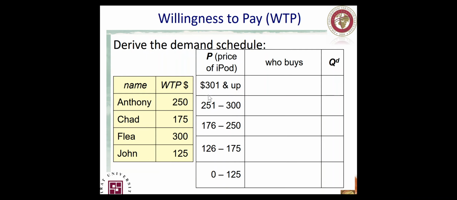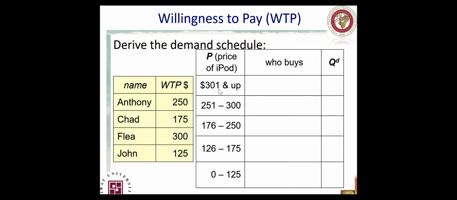What we do is start from the highest willingness to pay here, in this case not price, I'm sorry, willingness to pay, WTP, and we say higher than it by 1 unit and up. So the highest one is what? Flea, 300. So we say 301 and up, higher than 300.